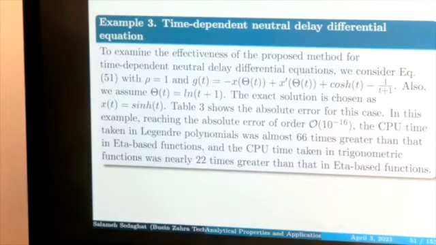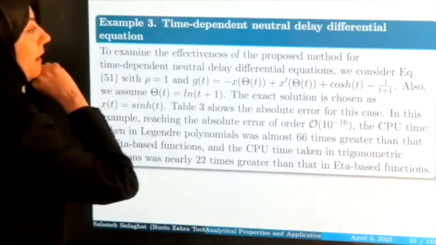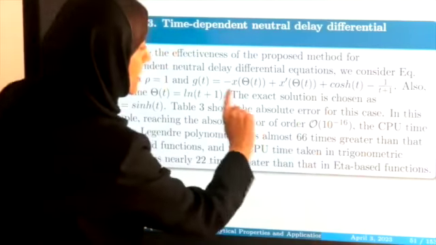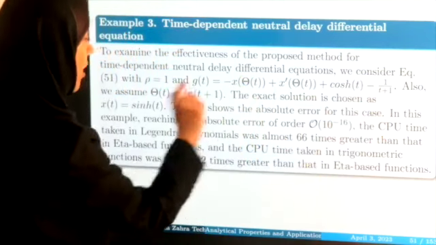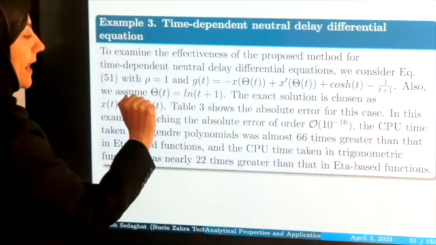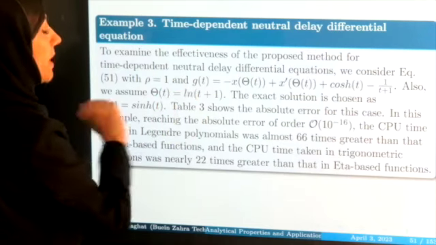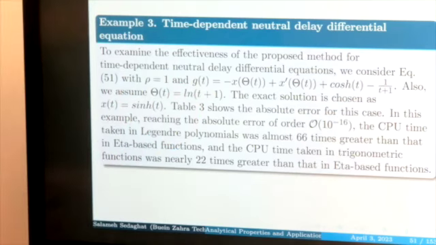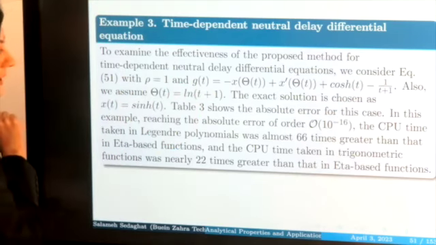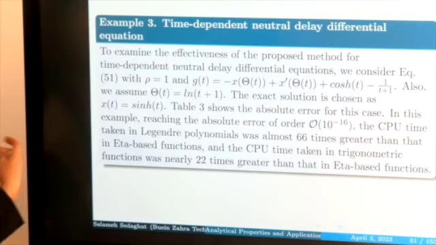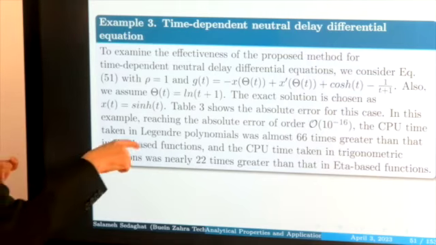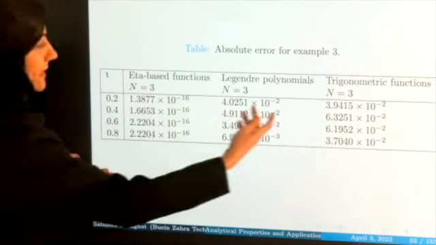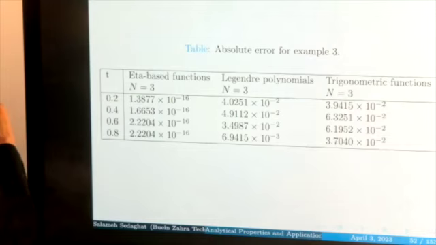Another example is a time-dependent delay differential equation. g of t equals this. Here, theta of t is the ln of t plus 1 function. And the exact solution here is sine hyperbolic of t. In this example, the absolute error is shown in this table for n equals 3.